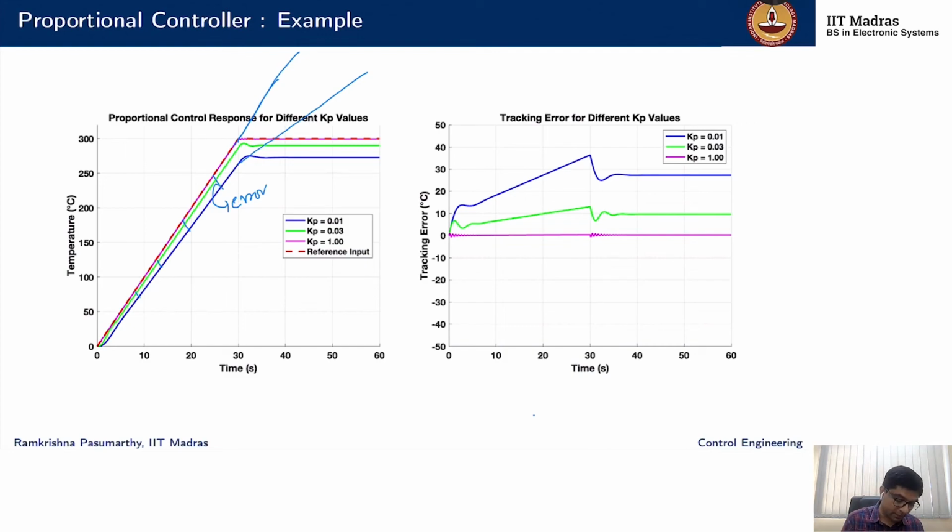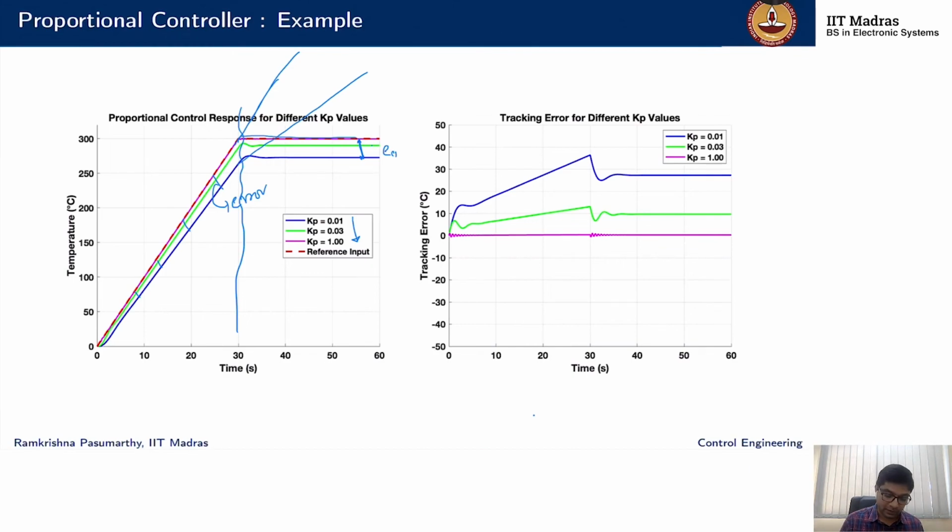However, the good thing here is that the reference now changes to a step. And I know that a type 0 system can track a unit step with some steady state error. So this is my steady state error here for a certain gain, and it keeps going down as I keep increasing my gain.